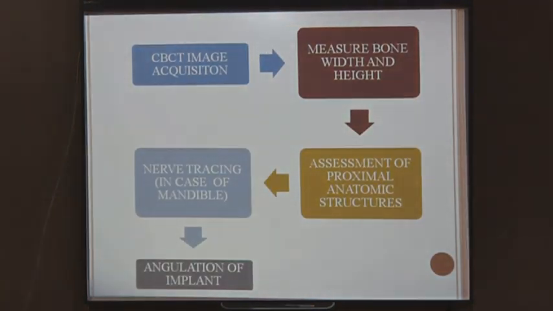So once the image acquisition has been done, you measure the height and width, you see the proximity of anatomical structures, and you do a nerve tracing if it's going to be a mandible, and then you see the angulation of the implant. This is the implant assessment using CBCT. Steps of implant assessment using CBCT.